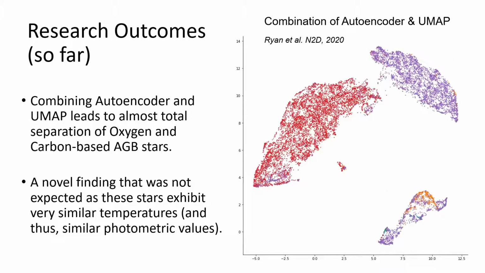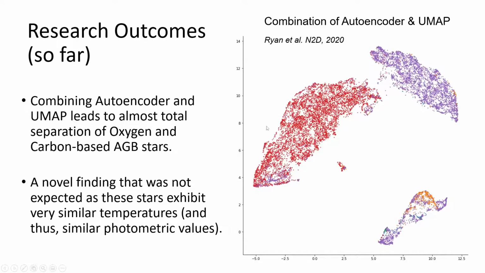Something else that was found was that by combining an autoencoder with UMAP, we found a really, really nice separation of carbon-based and oxygen-based AGB stars, which are these red and purple clusters in the dataset. So this didn't necessarily lead to the highest accuracy results, but was still a very exciting novel finding because we essentially weren't expecting it.